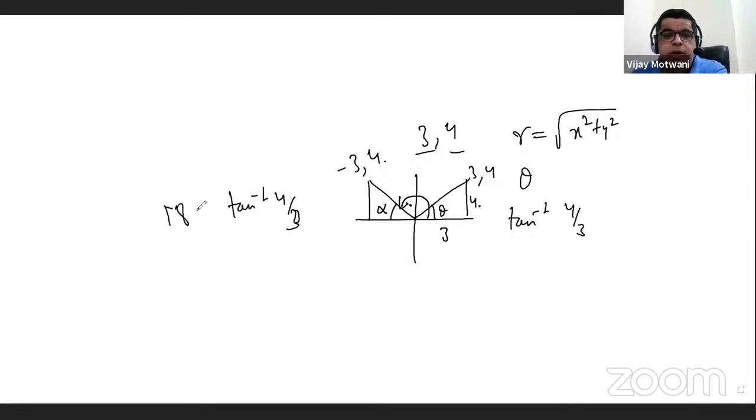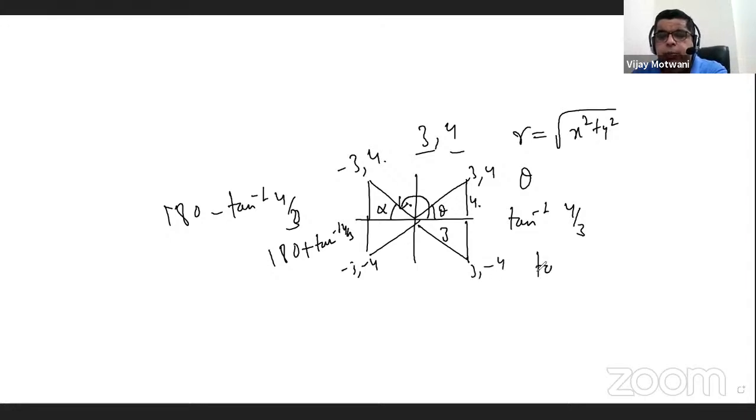So my answer would be 180 minus tan inverse 4 by 3. Same way, in the third quadrant, it would be 180 plus tan inverse 4 by 3. And if it goes into the fourth quadrant, that is 3 comma negative 4, it will be tan inverse 4 by 3 with a 360 minus.